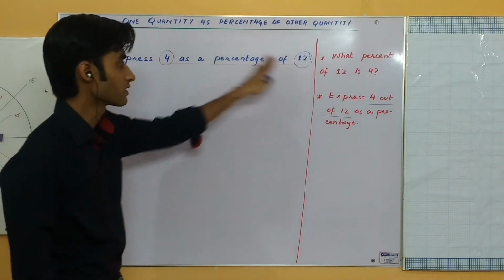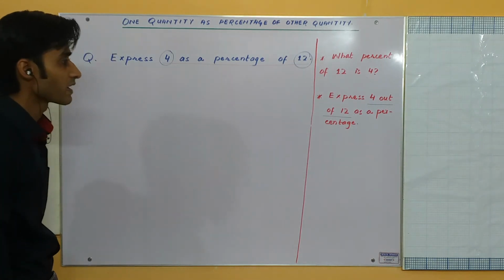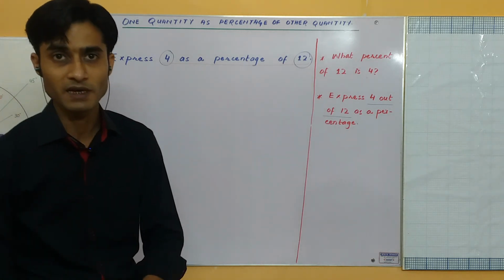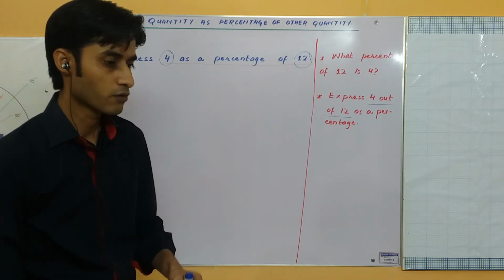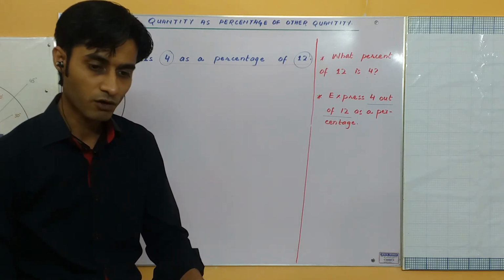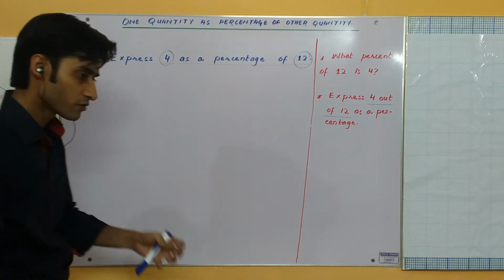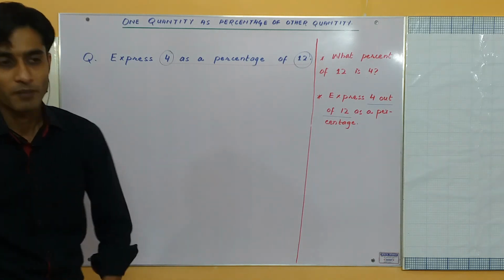The only thing you have to be really careful about, when a question contains two quantities, is what goes into the denominator of the fraction and what goes into the numerator. How many parts can be taken out of how many parts.